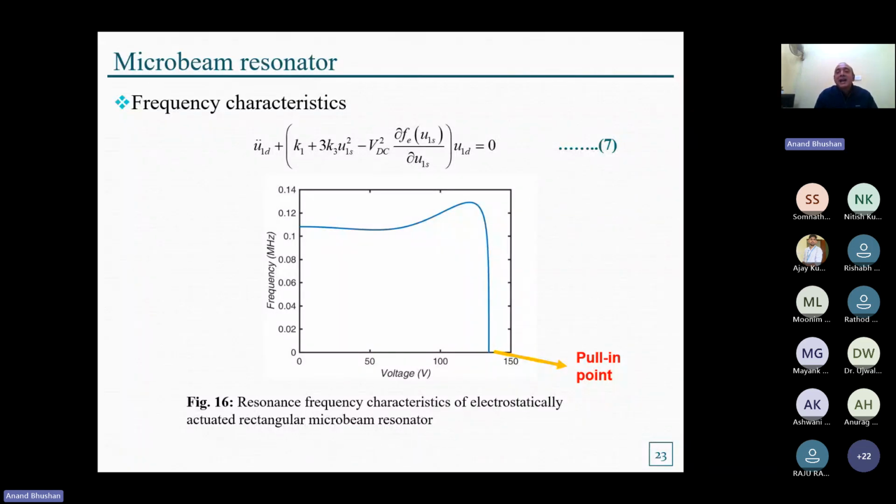But later we can see that the first natural frequency increases, which means the hardening effect of the microbeam resonator is dominating. But finally, the nonlinear electrostatic force dominates and leads to pull-in. So finally, the natural frequency reduces to 0 at pull-in.